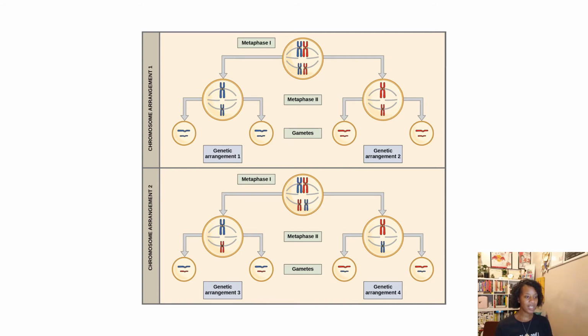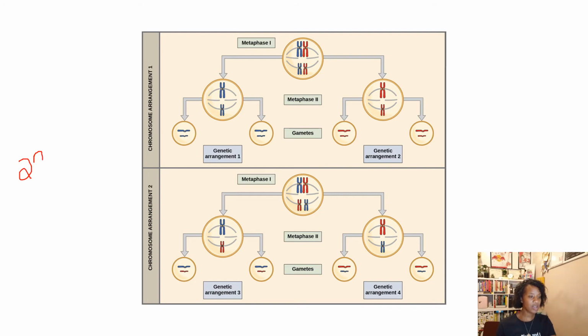There are two possibilities for orientation at the metaphase plate. The possible number of alignments, therefore, equals 2 to the n in a diploid cell, where n is the number of chromosomes per haploid set.